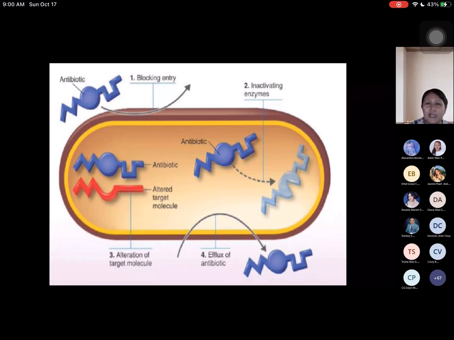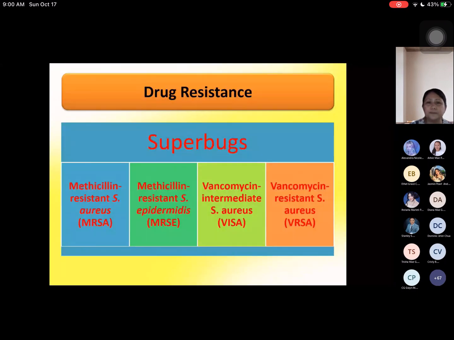Second is inactivating enzymes. Third is the alteration of target molecule. And fourth is the efflux of antibiotics. When you say efflux, they pump out the drugs. That is the four main mechanisms of microbial resistance.